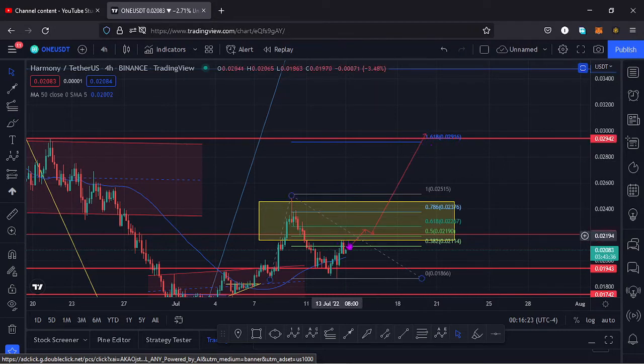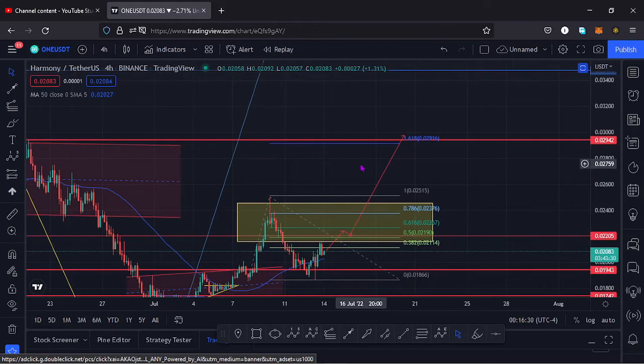So it's possible that once we break above this key area of resistance down here, we are getting to around the $0.03 mark in the short-term bullish movement to the upper side.